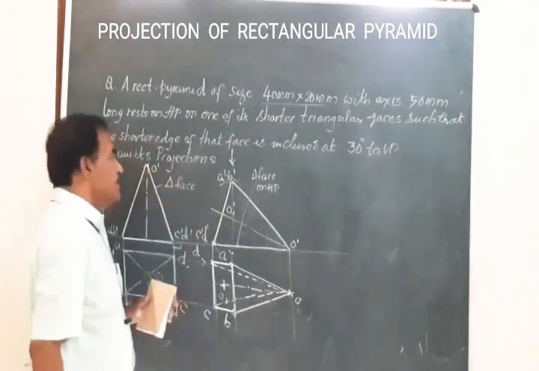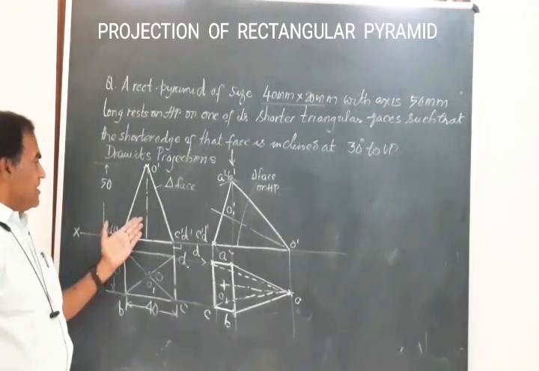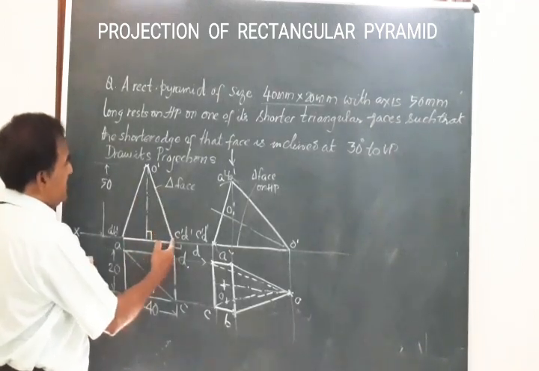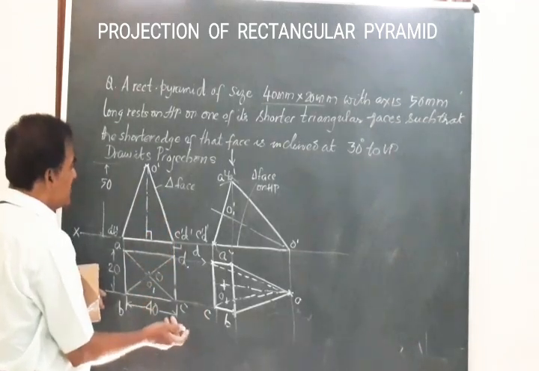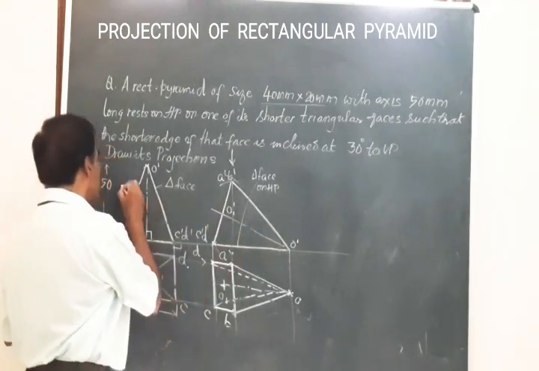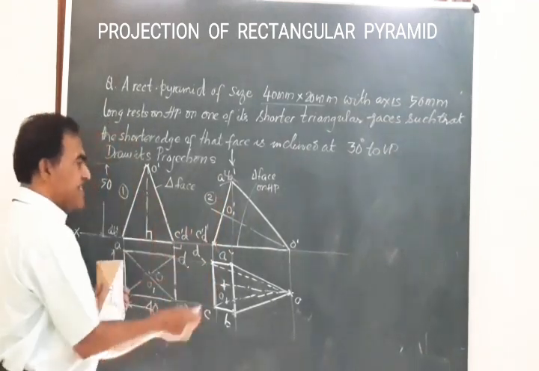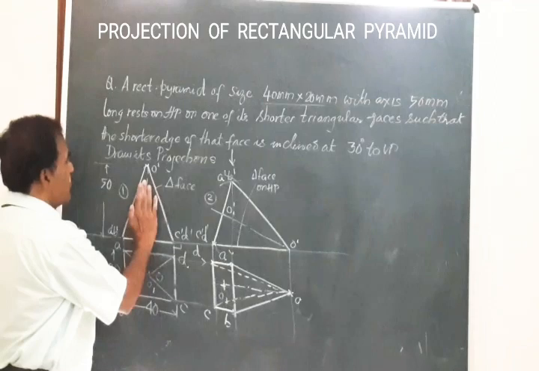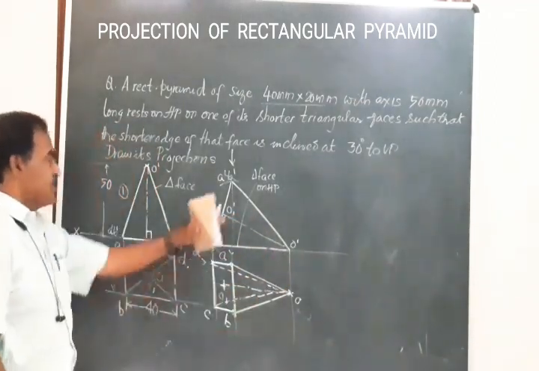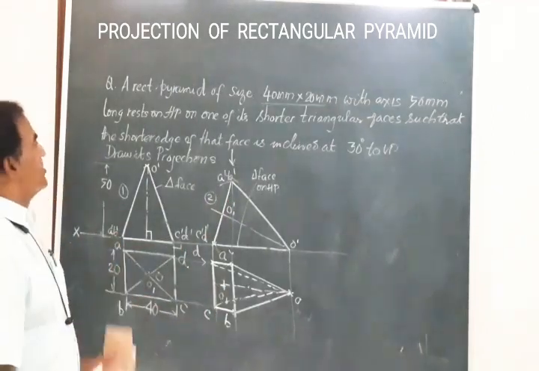Friends, initially the object was resting on HP with the axis normal to HP, and O dash D dash represents one of the triangular faces which was at an angle. The same figure is drawn here, so figure number 1 and figure number 2 are exactly identical, excepting that it was vertical and this is made to rest on one of the slant edges that I have done there, and this is the top view. So we have got two positions.